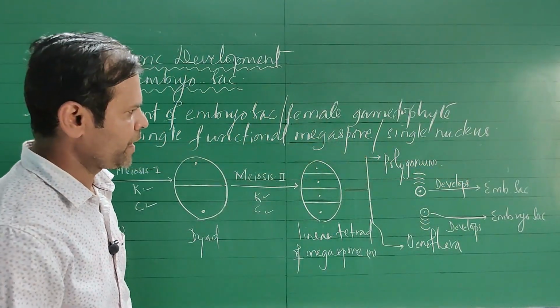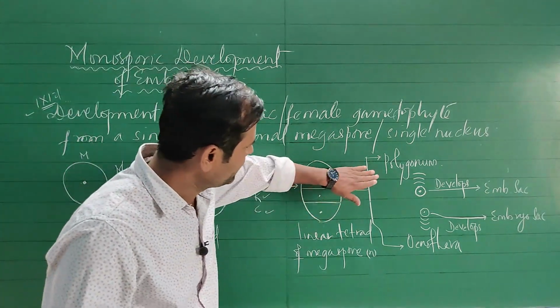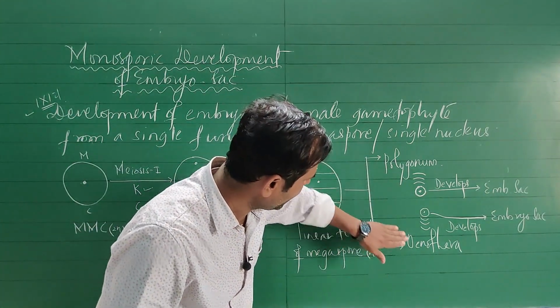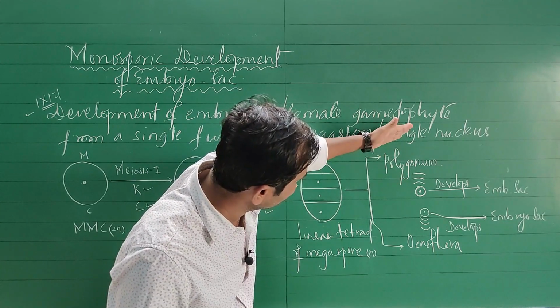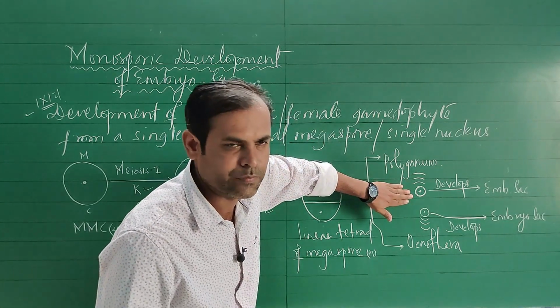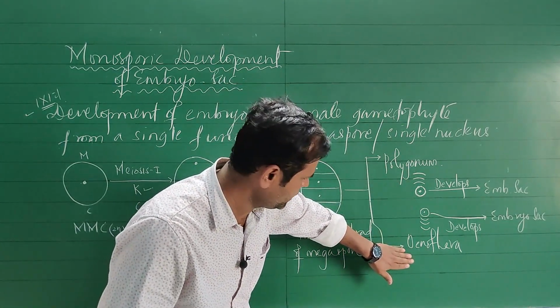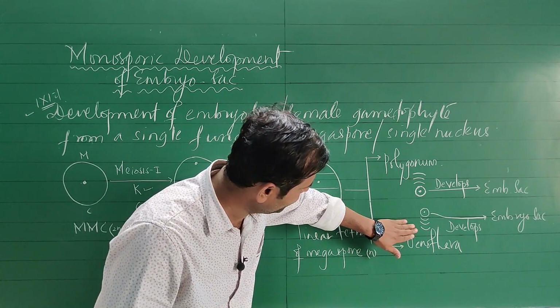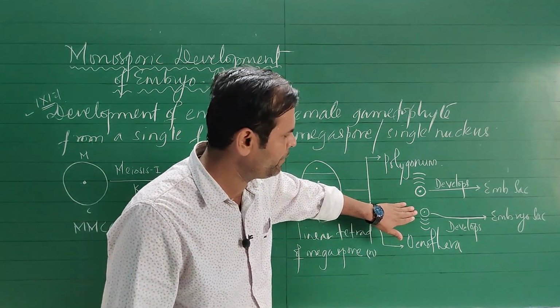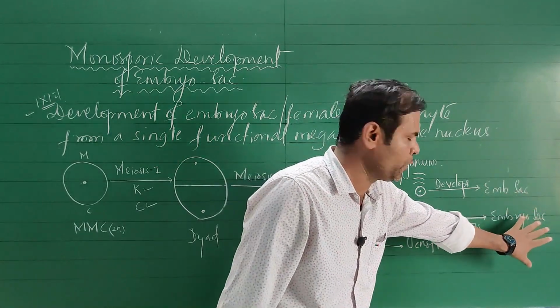Now we need to understand the difference between Polygonum and Oenothera. In Polygonum, the upper three degenerate and the lower one remains functional. In Oenothera, the lower three degenerate and the upper one remains functional, which forms embryo sac.